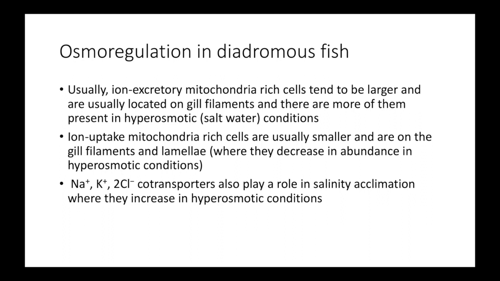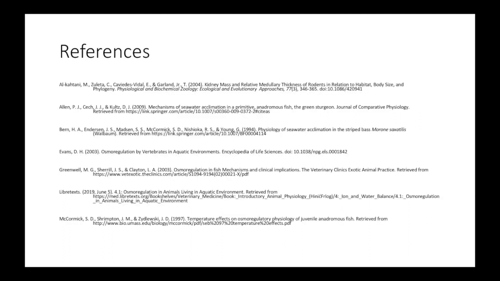Sodium-potassium-chloride co-transporters also play a role in salinity acclimation, where they increase in hyperosmotic conditions. This ensures that the whole process takes place at a faster rate to provide homeostasis for the fish. Different organisms have adapted due to salinity in many different ways, including the ones I have touched on.